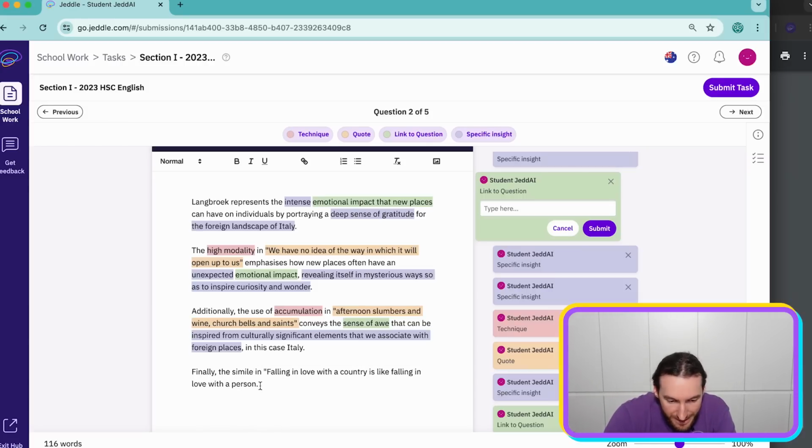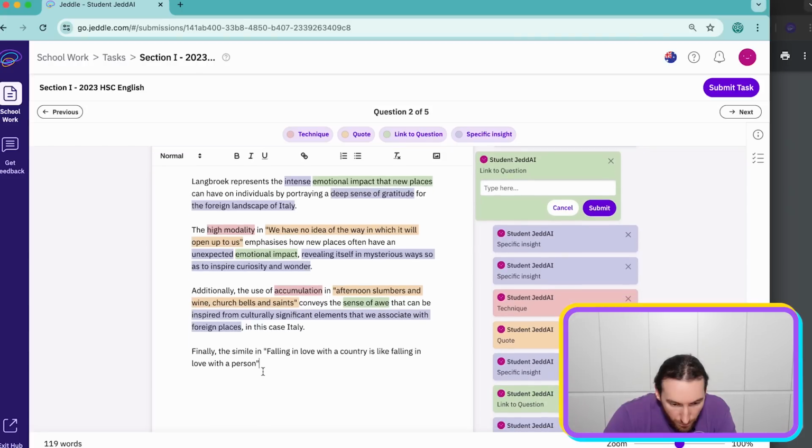Notice there's nothing fancy about this. The simile in falling in love with a country is like falling in love with a person, okay?